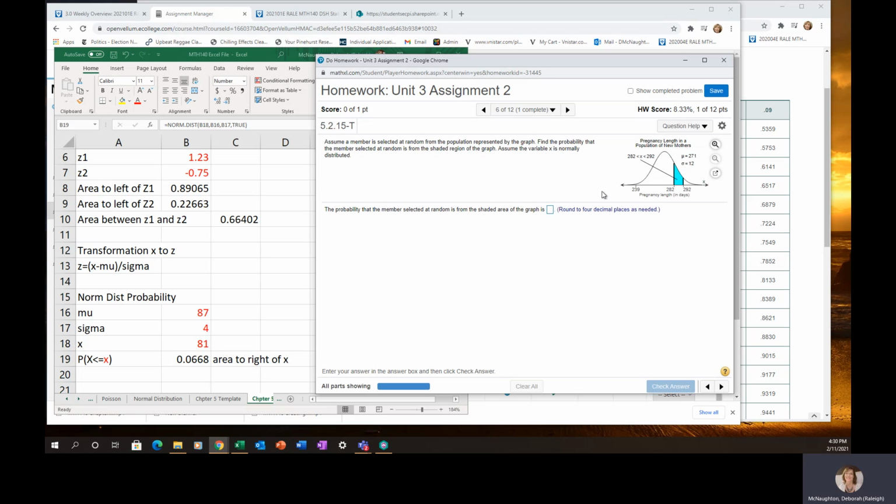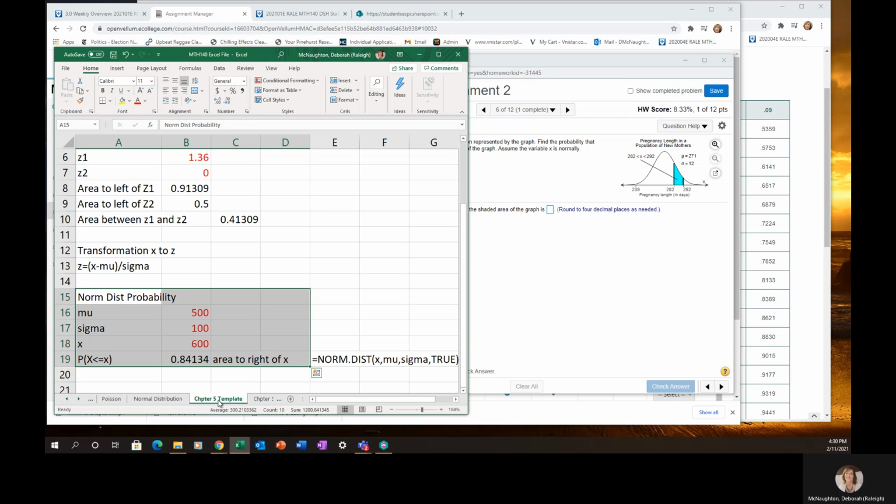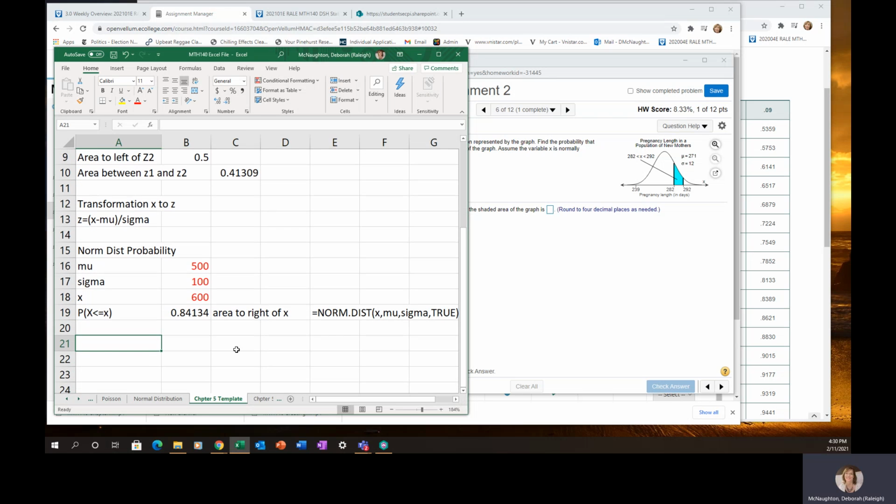Okay, and then the next one, it wants me to find the area in between two places. So let's create one for that. I'm just going to copy this.